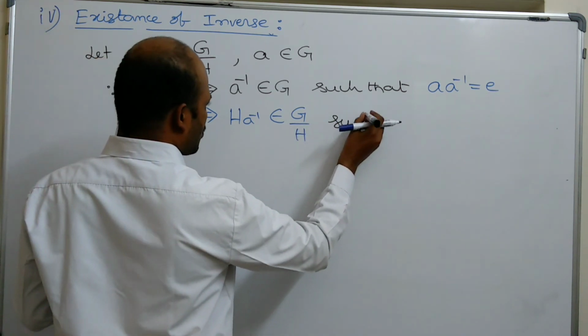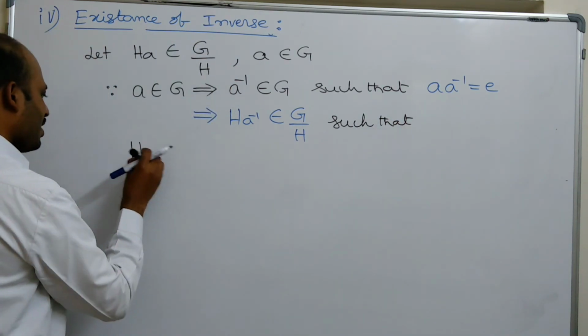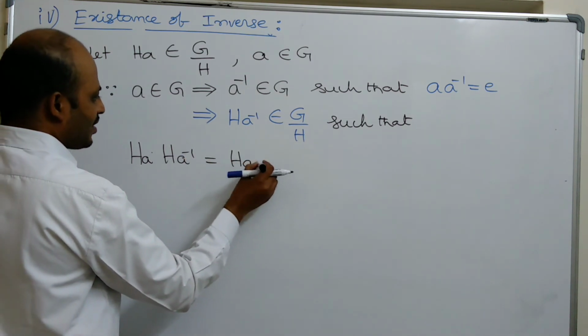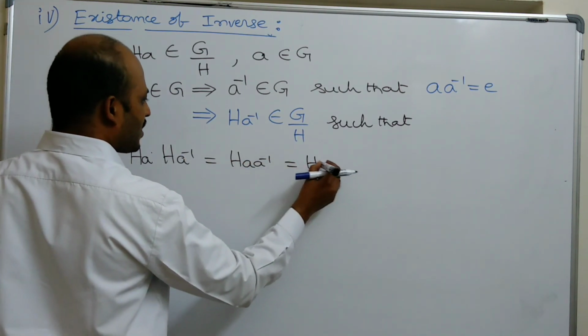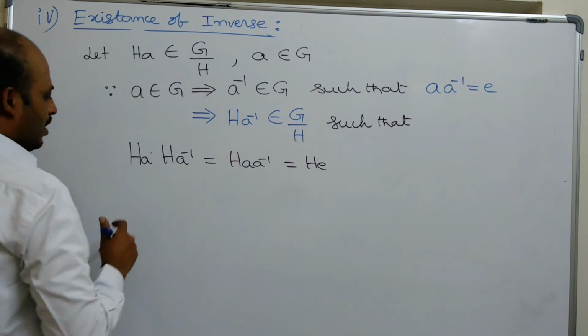Let us multiply these two cosets. Ha into Ha inverse is equal to Ha inverse, which is equal to He, which is the identity element.